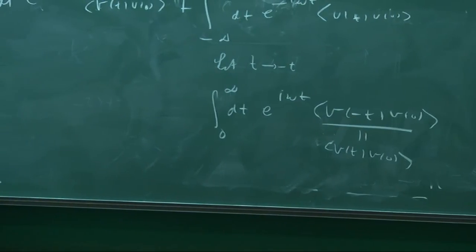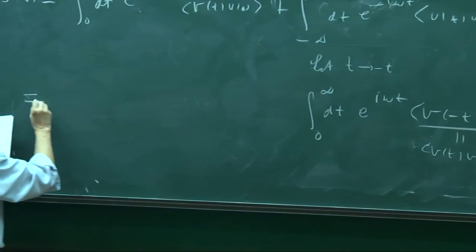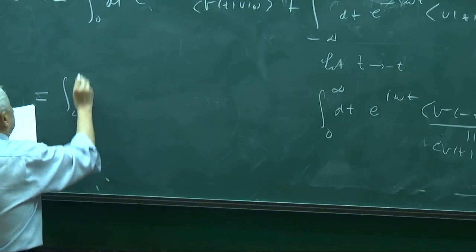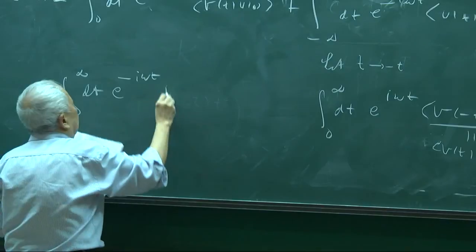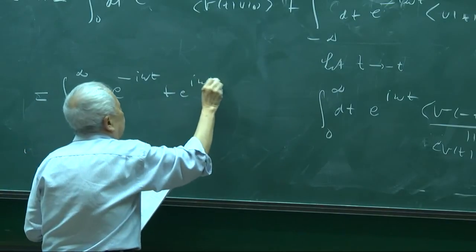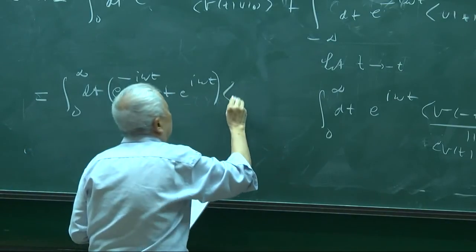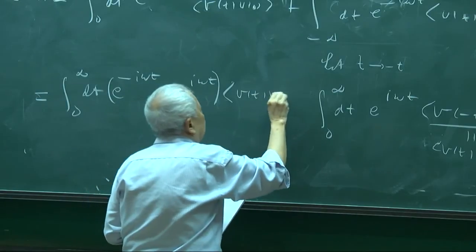And as a result, you get this is equal to the integral from 0 to infinity dt of e to the minus i omega t plus e to the i omega t, times the average of v of t v of 0.